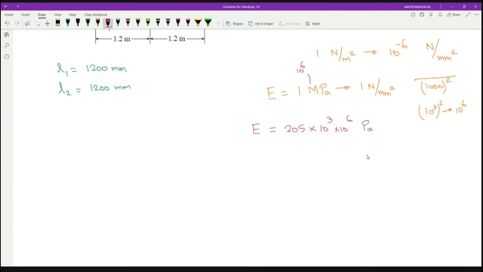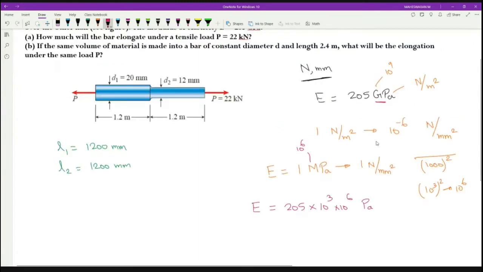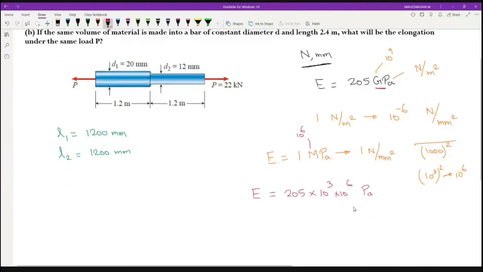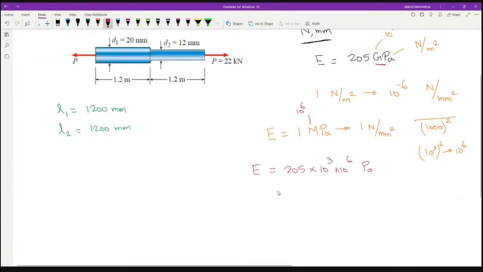Newton per meter square is Pascal, right? Giga is 10 power 9, and I am writing 10 power 9 as 10 power 3 and 10 power 6, right? So I can write this as 205 into 10 power 3 megapascal.